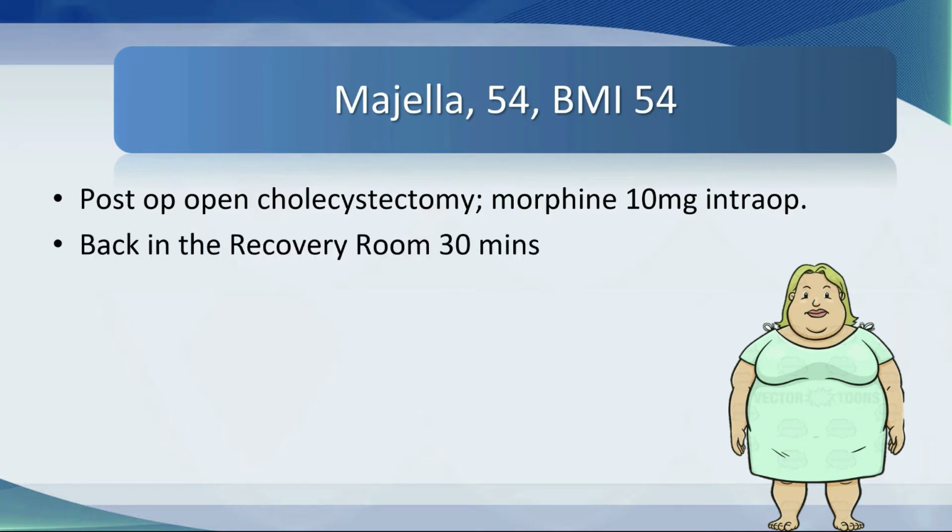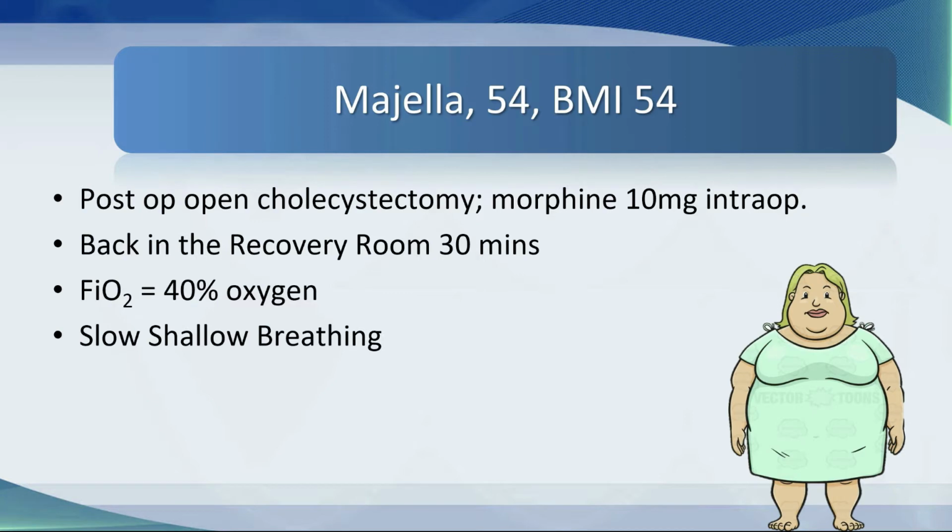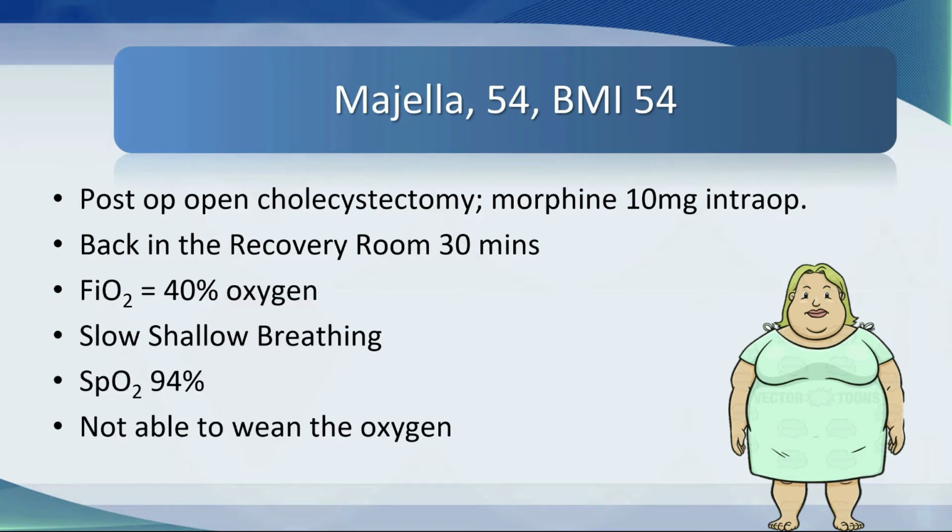Came back on 40% oxygen, and that hasn't been weaned at all, and she has slow, shallow breathing. She currently has a saturation of 94%, and as I mentioned, the recovery room nurse is struggling here because she's wondering why the FiO2 won't go down.